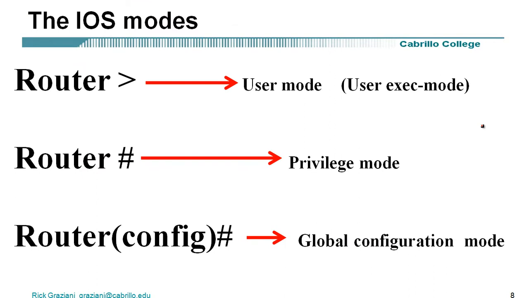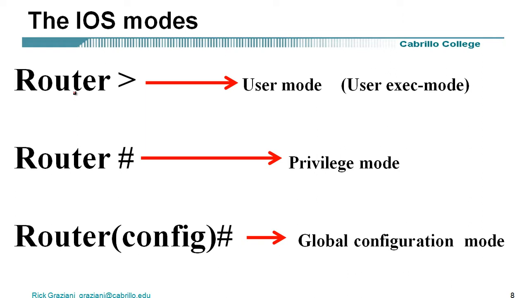Alright, so once you log into the device, these are the three basic IOS modes that, for starters, cram them, memorize them, whatever you need to do, but these are the three basic modes that we will see on our routers and switches.